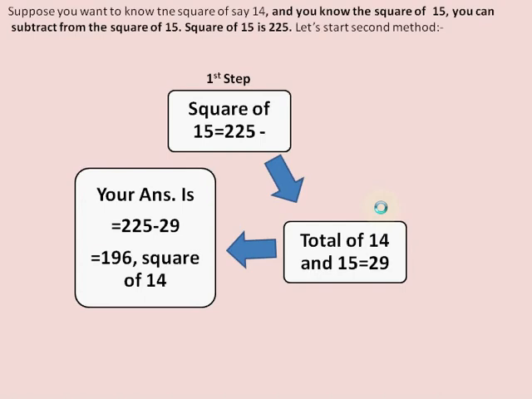In our last step our answer was 196, and in this step also 196. So you can calculate both ways, the sum of the numbers, if you know the preceding or the following number, you can calculate on that basis.